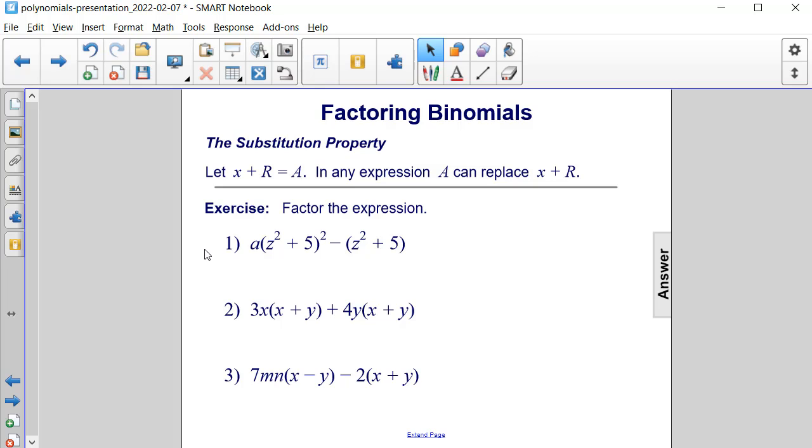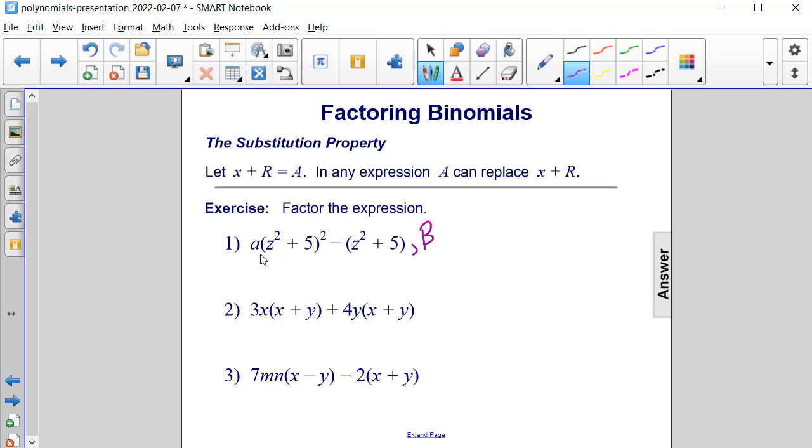Let's try 3 more exercises utilizing the substitution property in order to factor. So let's first start out by defining our common binomial factor in this first one. And let's define it as capital B this time because there's a lowercase a in this one also. So in order to not be confused, we'll use capital B this time. Let's assign capital B to equal z squared plus 5.